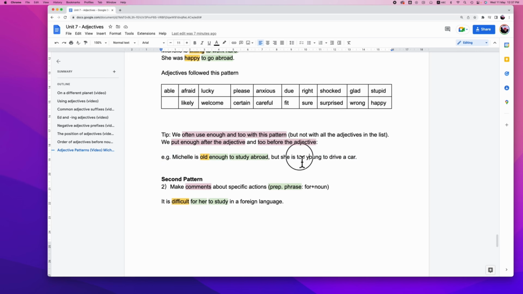The word too is actually the color green, telling you more about young. Too young to what? To drive a car. And again, to drive a car further elaborates what too young means. So its function is an adverb. The to-infinitive functions as an adverb.